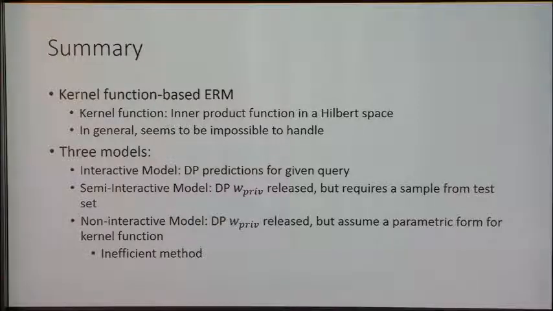But we can relax it in three meaningful models. One is the interactive model, another is the semi-interactive model, and then there is the non-interactive model. In the non-interactive model we have an inefficient method, and it would be interesting to see if we can come up with an efficient method to sample from the distribution that I described earlier.